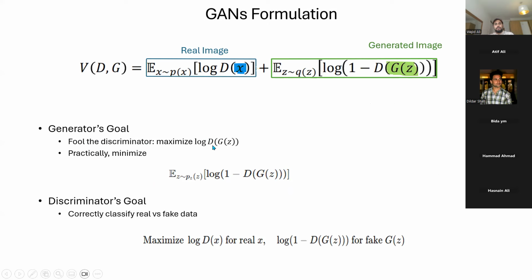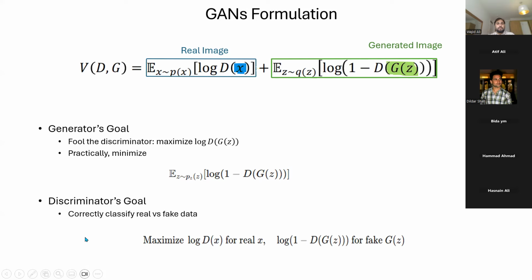So these are for the output of the discriminator for the fake data. It wants this value to be high, or practically, since it's 1 minus D, it wants this value to be minimized, or this value to be maximized and this value to be minimized.